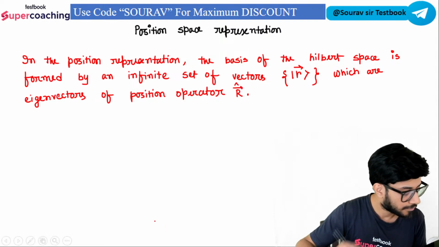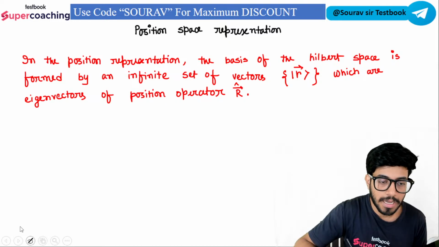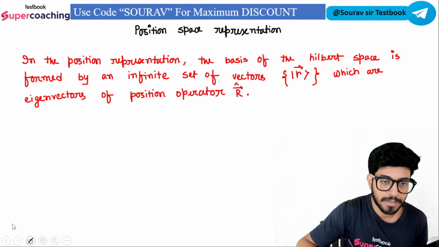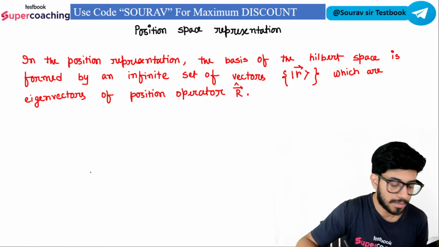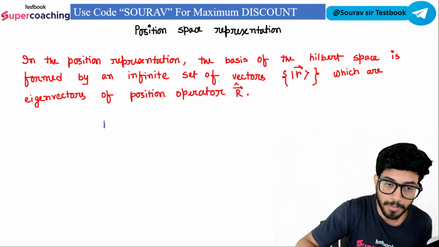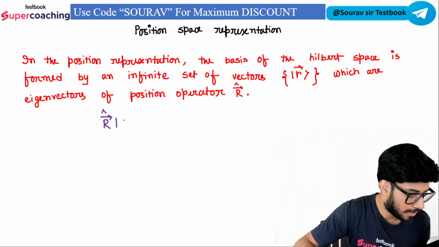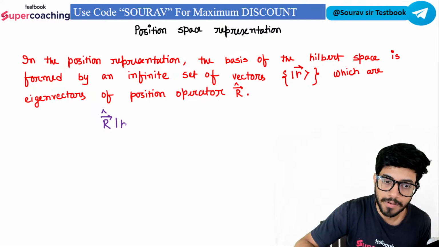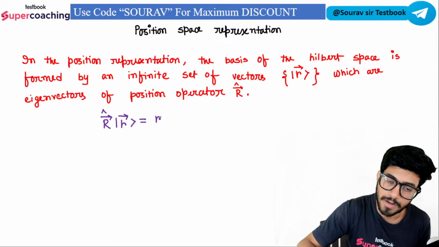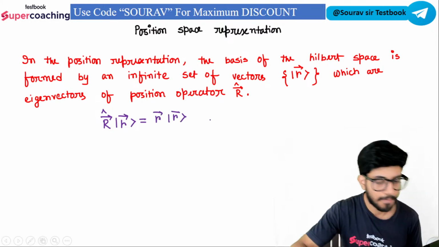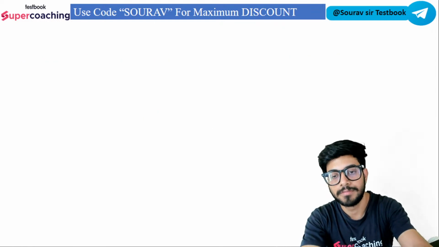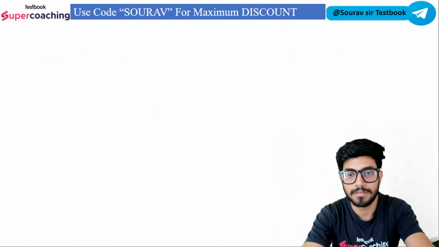Therefore, I can definitely mention that the R vector operator operates on this eigenvector and provides you R vector times the R vector ket.